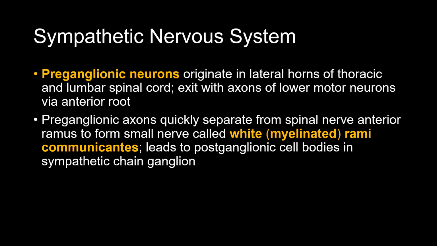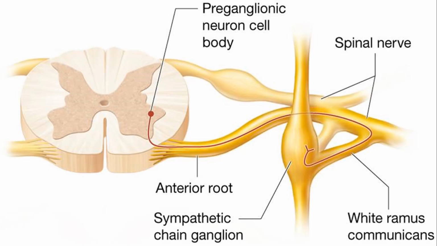I have an image here. This should help explain it. You see this originates in the lateral horn here, and then it travels down and out the anterior horn, out the anterior root, and then it breaks away from this spinal nerve and forms that white ramus communicans here.